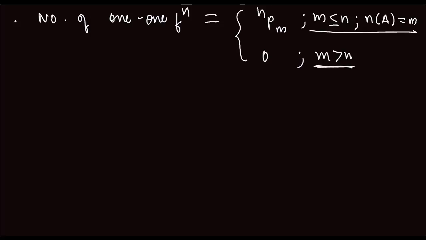Because if m is greater than n, nPm cannot be calculated, and also n(B) is n.